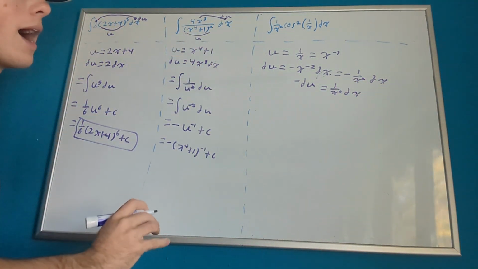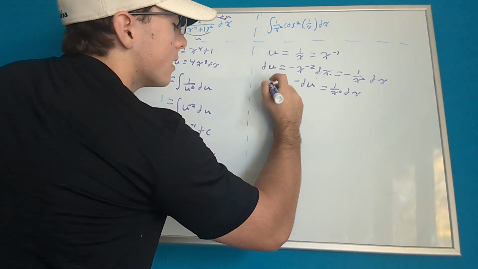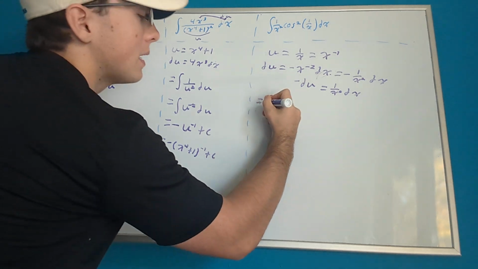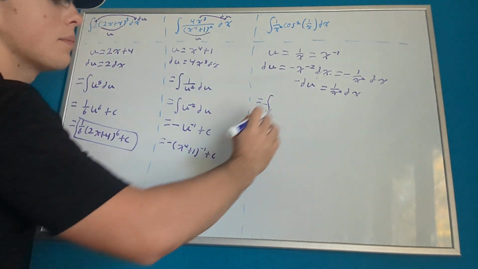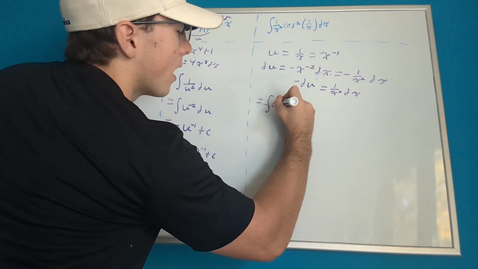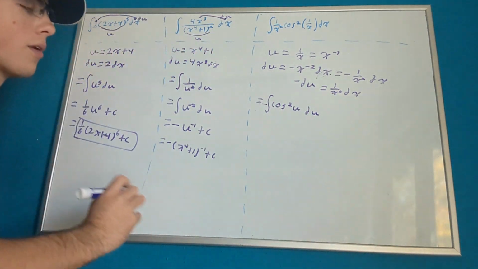Okay? Now we have enough to actually go about doing this. So we can say this equals integral, and then it'll be negative out here, okay, because this is negative du, right? And then this will become cosine squared of u du, okay?